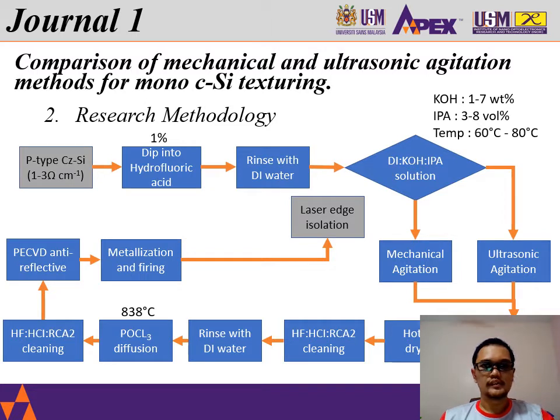Let's have a look at the research methodology for this journal, where they start by preparing p-type monocrystalline CZ silicon around 1 to 3 ohm per cm, then dip it into 1% hydrofluoric acid and rinse with DI water. They go to the subsequent process, which is the alkaline etching process, with solutions of DI water mixed with KOH and IPA.